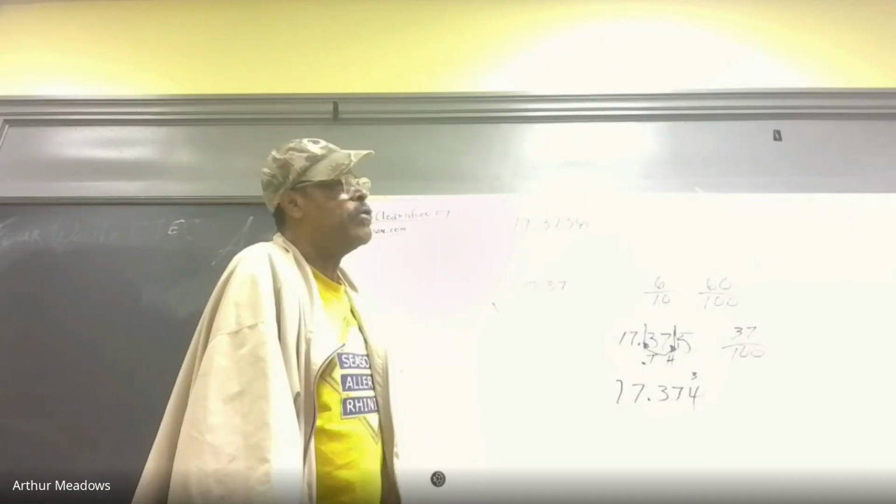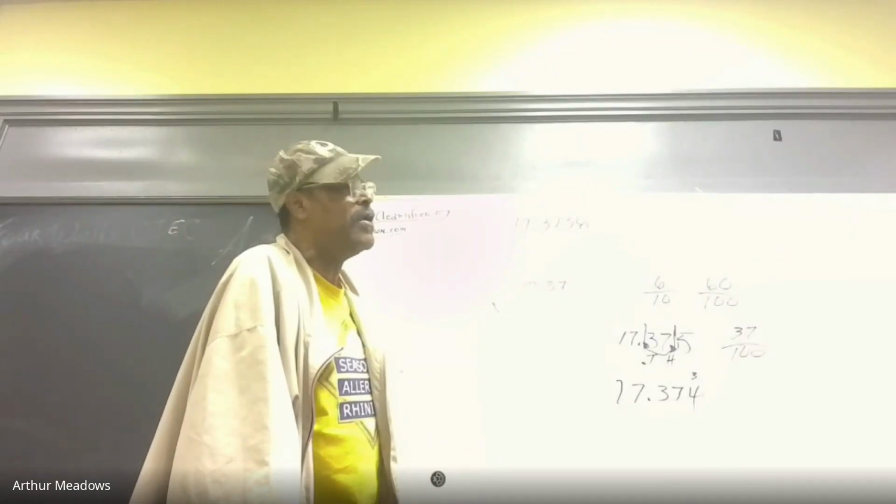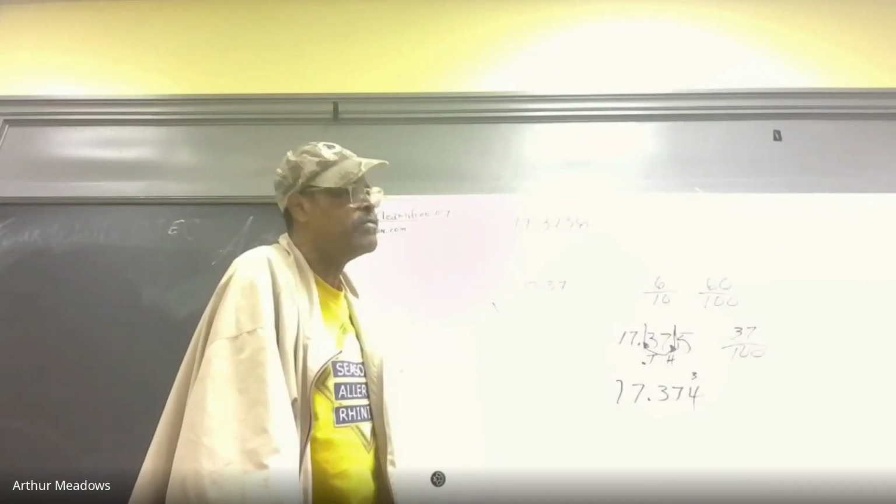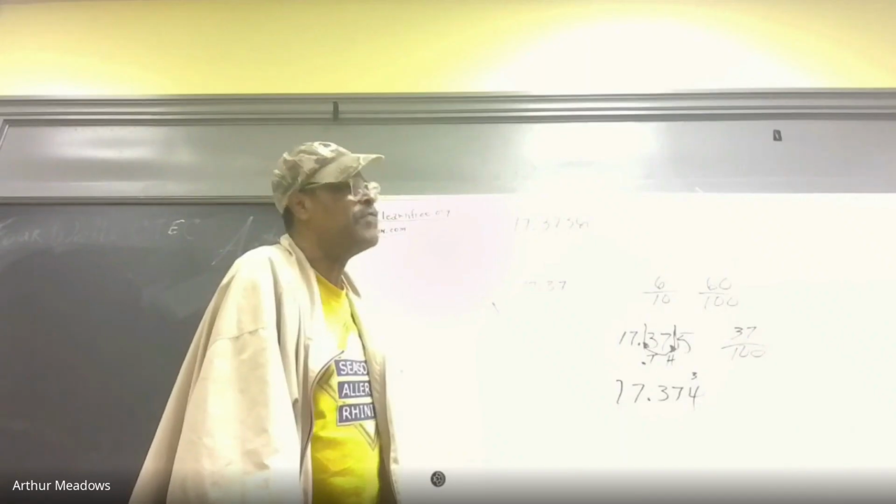So Mr. Meadows, check this out then. If that's the case, number 6, we just did number 6, right? You said 167.64, rounded to the nearest tenth, is 167.6. Right? Get the tenths out of your head.